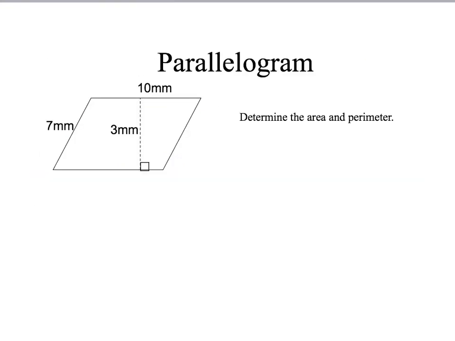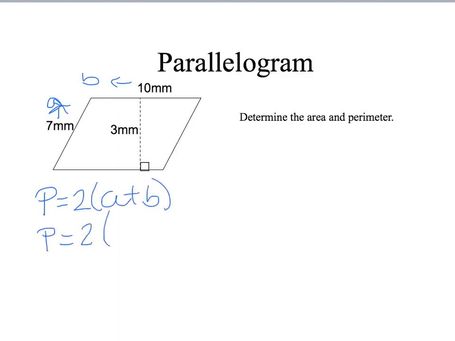In a parallelogram, the perimeter is equal to, if this is side A and this is side B, 2 times A plus B. So perimeter is equal to 2 times 7 plus 10.